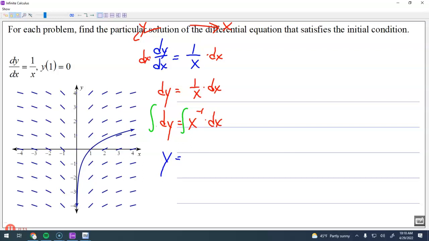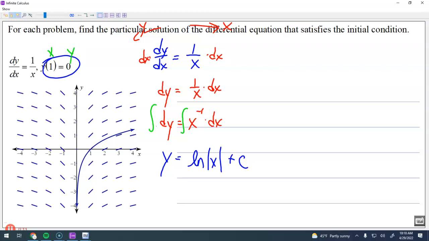What is the integral of x to the negative first? That's the natural log of the absolute value of x plus c. Then they'll give you a point that you can plug in to find out what c is. This is your x, this is your y.